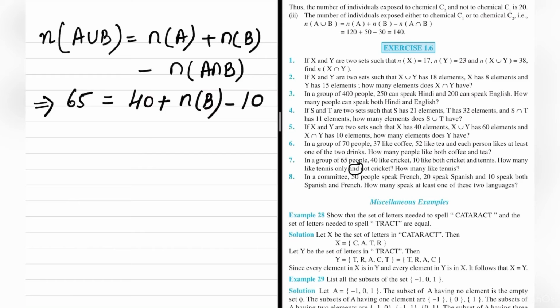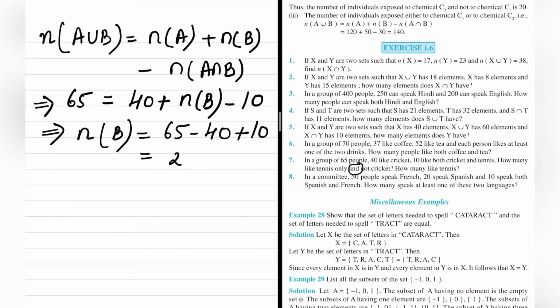So 10 people like both cricket as well as tennis. From here you will get n of B equal to 25 plus 10, which is 35. So 35 people like to play tennis.